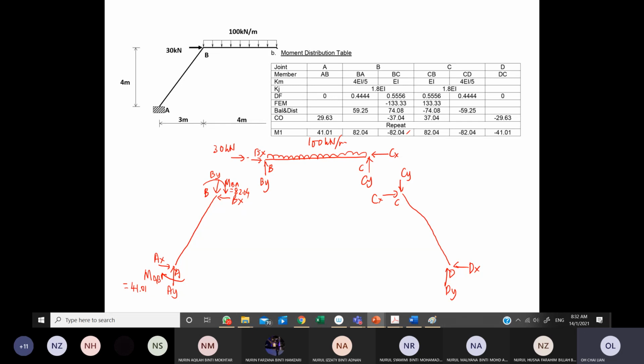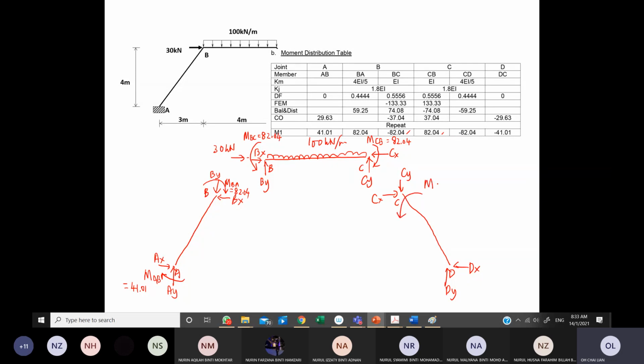Then I continue with BC. BC is here, MBC. Negative means counterclockwise. So I have this, which is MBC, 82.04. Then I continue with this 82.04 clockwise, which is MCB, 82.04. Then I continue with CD, which is negative, counterclockwise, which is here.